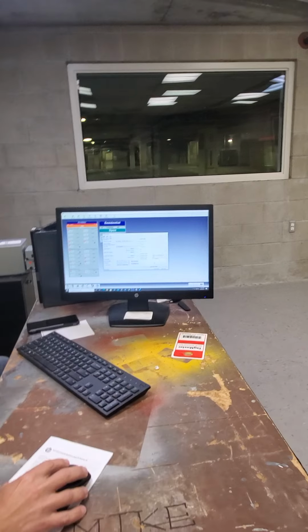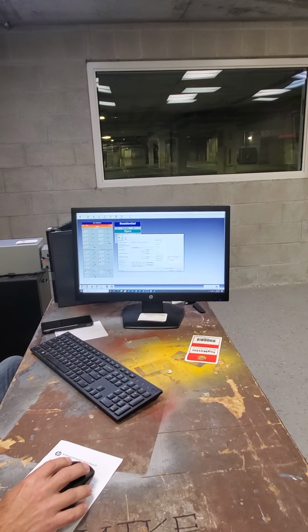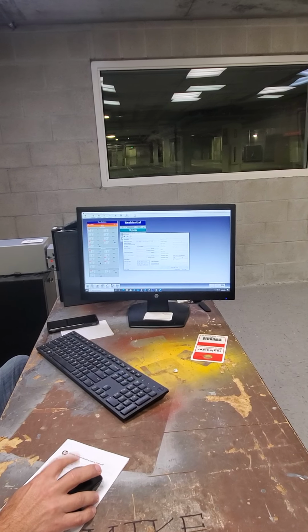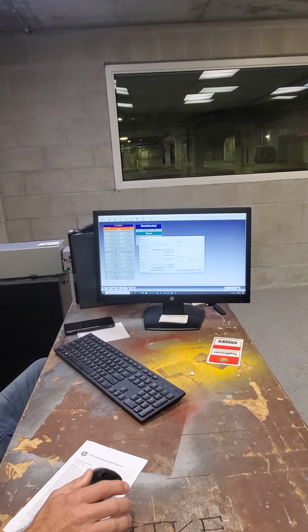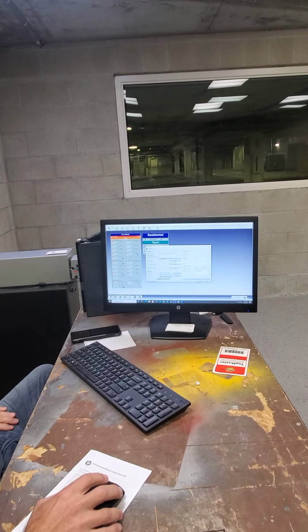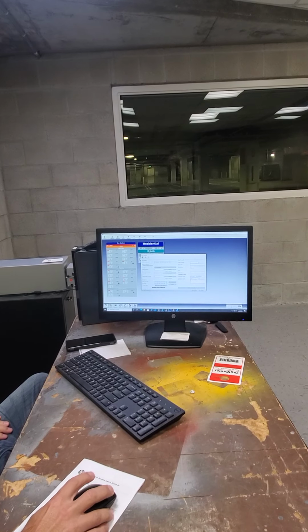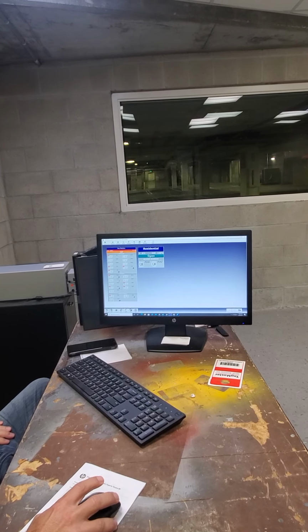I think it's not programmed correctly. Probably not. I'll have to look at it and see what it is. Then hit issue lost ticket. Now it says waiting for payment. So right now on the screen there, it's going to say pay $1. Okay. Cancel operation, yes.